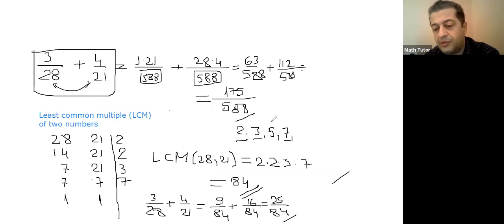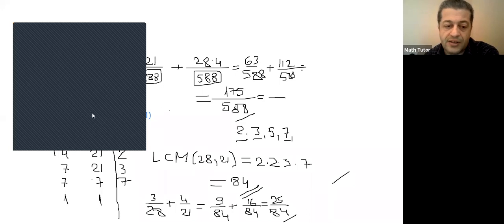We obtained two different numbers because 175 divided by 588 can be further simplified by dividing both numbers by the same number. For example, we can divide 175 by 7. Let's see. 175 divided by 7.